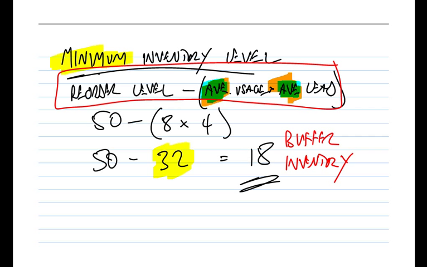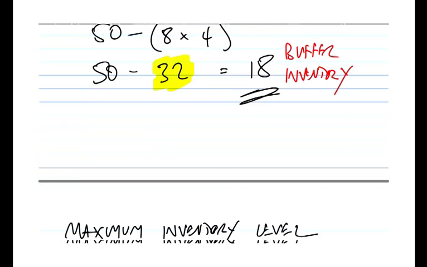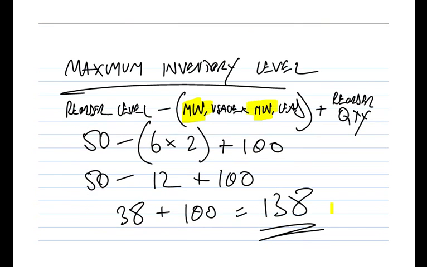So if I'm reordering when I drop to 50 units, I then sell probably 32 units before the supplier arrives, I would have typically 18 units as a minimum. And then when we look at the maximum inventory levels, we actually use the minimum usage and the minimum lead time. Because remember, that's looking at how much I'm potentially selling. So if you look at the minimum that I could be selling, I will still be left with the maximum possible number of units.